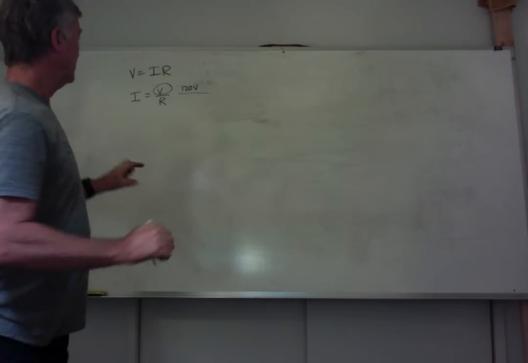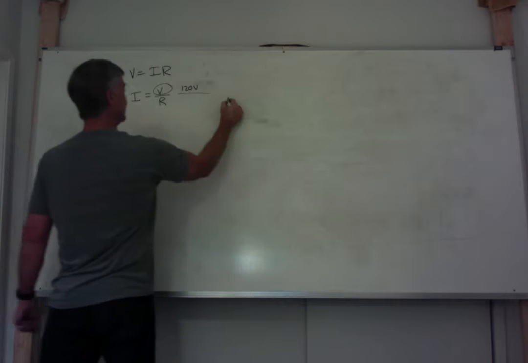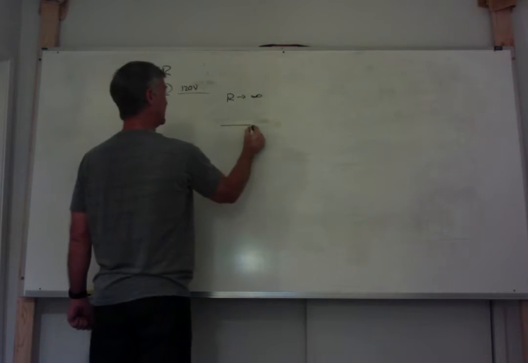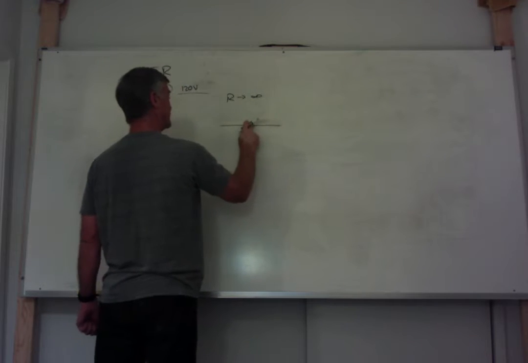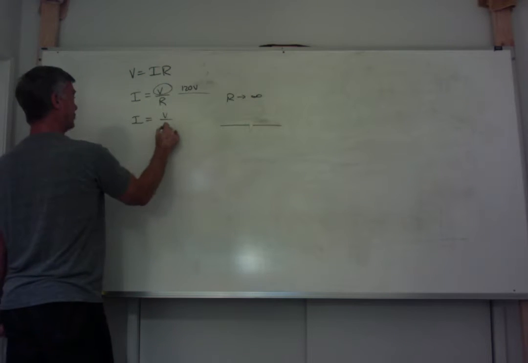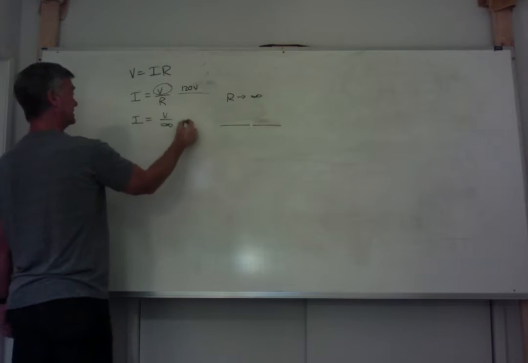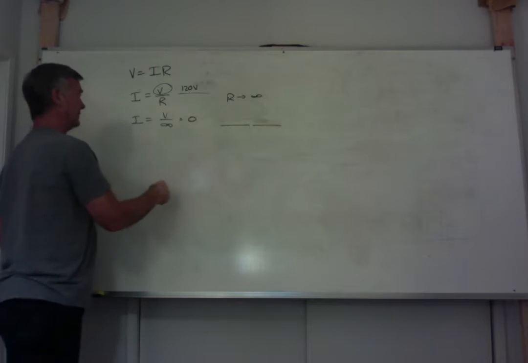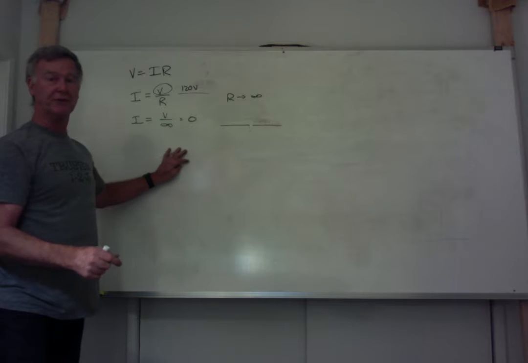By the way, if the resistance went to infinity, for instance, if I have a wire and that wire snaps, doesn't matter what the voltage is, the current drops to zero. I know that's not mathematically correct, but you don't have any current flowing.